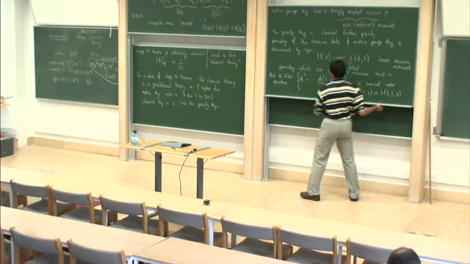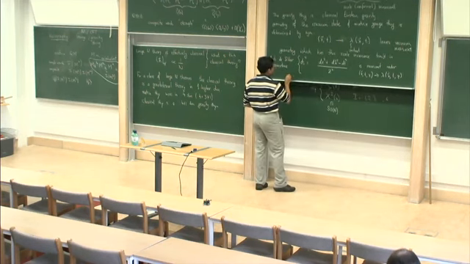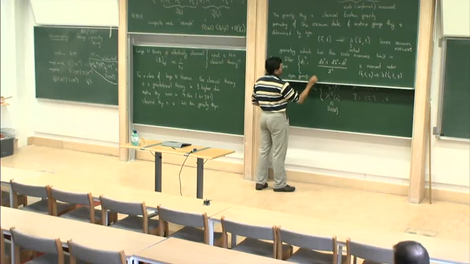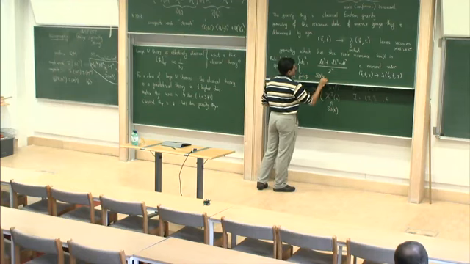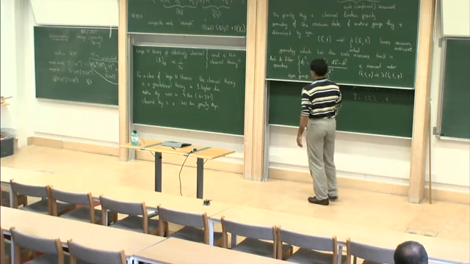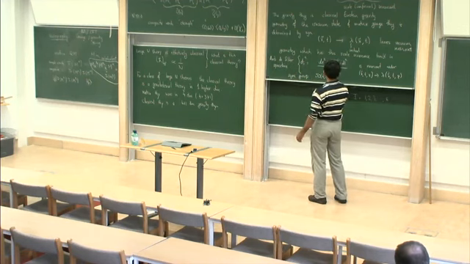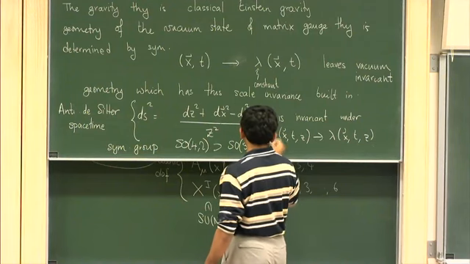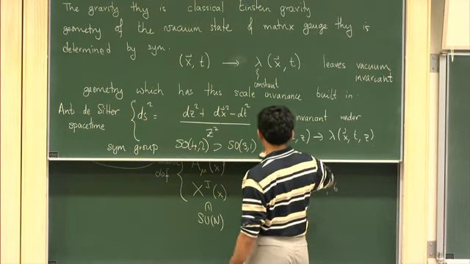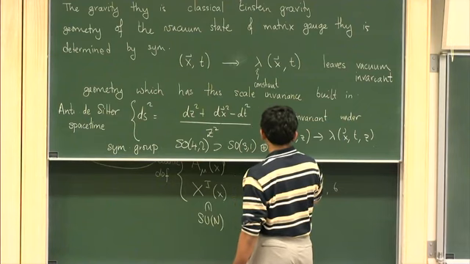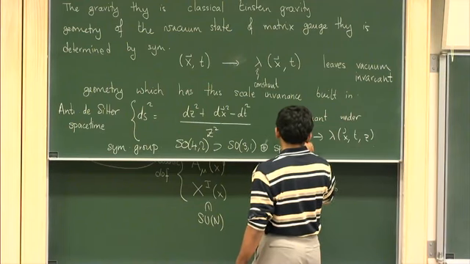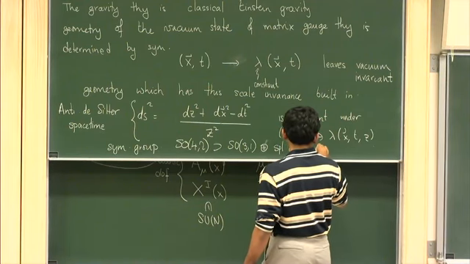So the generators of this conformal group are, I should just say this here. The symmetry group here in 5 dimensions is SO(4,2). It's a non-compact group, and this contains the Lorentz group plus special conformal transformations and dilatations.